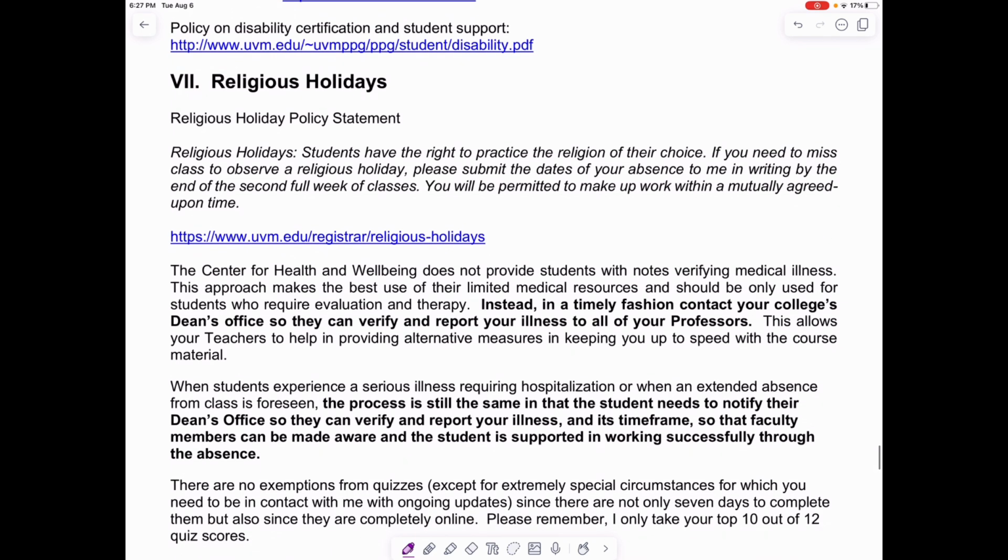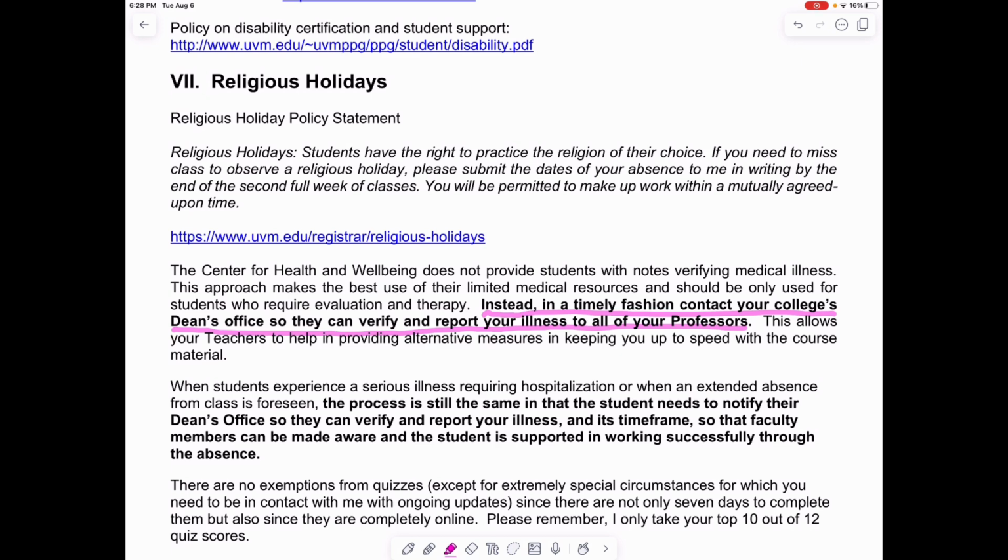In terms of sickness, a lot of students go to the Center for Health and Well-Being, and that's important for identifying your medical illness, but they do not provide notes to the teachers. The only one that provides notes to the teacher for verification is the dean's office. So make sure that in a very timely manner, you contact your dean's office so that they can verify and report your illness to all of your teachers, so everyone is aware.